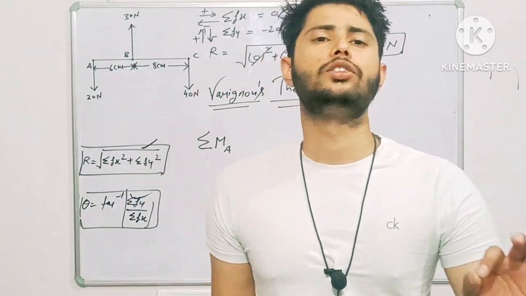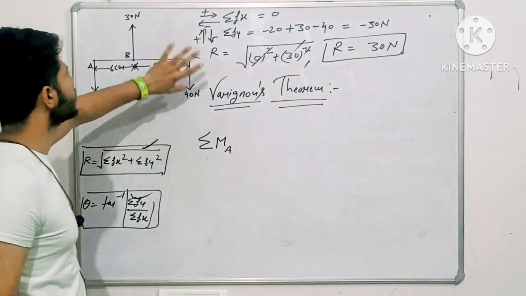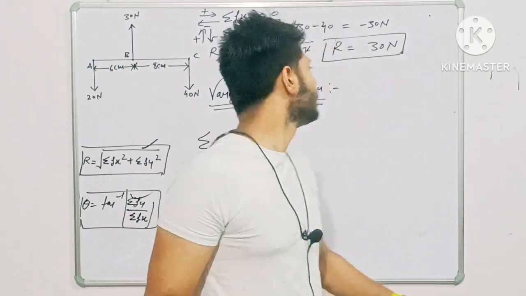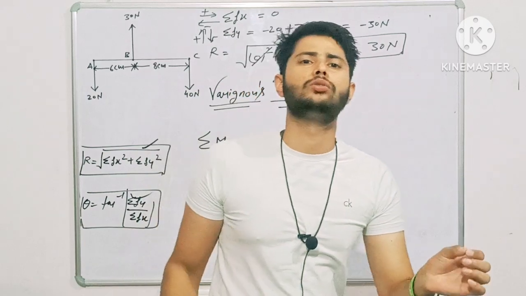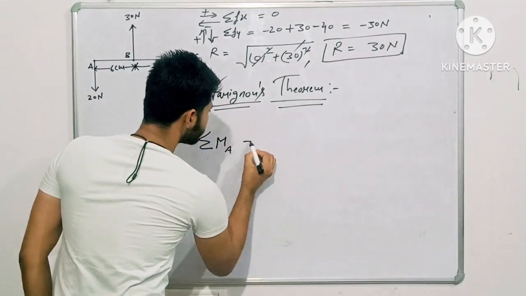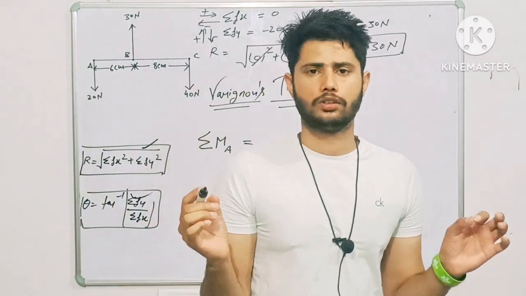Watch carefully. The algebraic sum of the moments of all these forces, we have to do the summation of moments here, will be equal to the moment of the resultant.